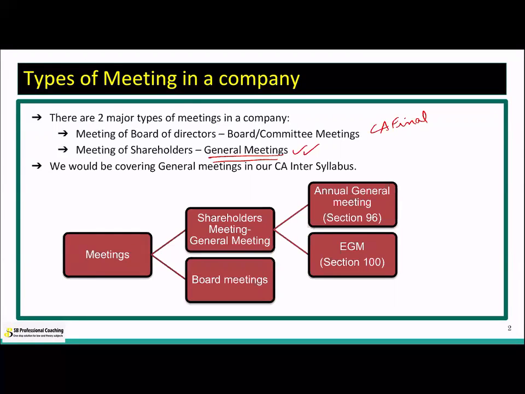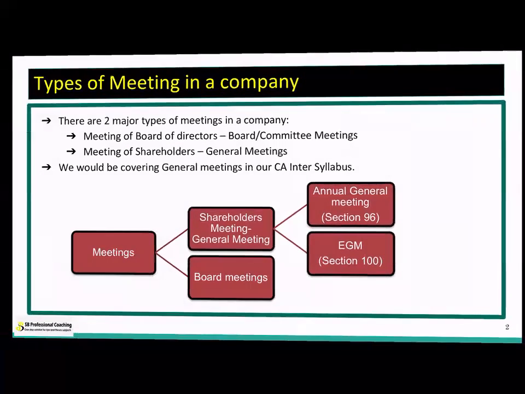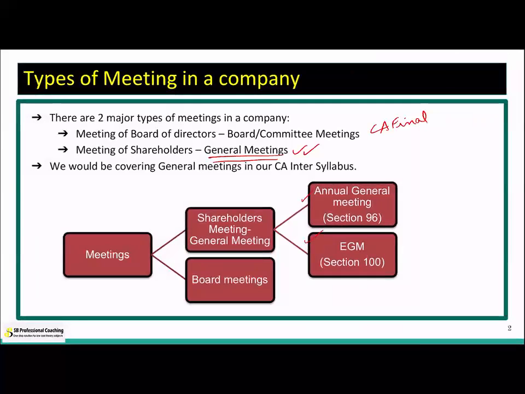Shareholder meetings are also of two types, one is annual general meeting, and the other is extraordinary general meeting. What do you mean by annual general meeting? Shareholders are supposed to meet at least once in a year, and this once in a year meeting is known as an annual general meeting.